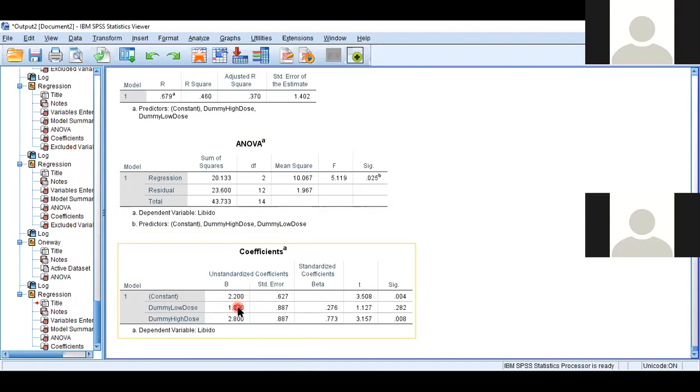This one, B1, is the difference between the placebo and the low dose, because the mean for the low dose is 3.2. When you remove 2.2 from 3.2, it gives you 1. And this 2.8 is the difference between the high dose and the placebo reference. The mean for the high dose was 5, and when you remove 2.2, it gives you 2.8.